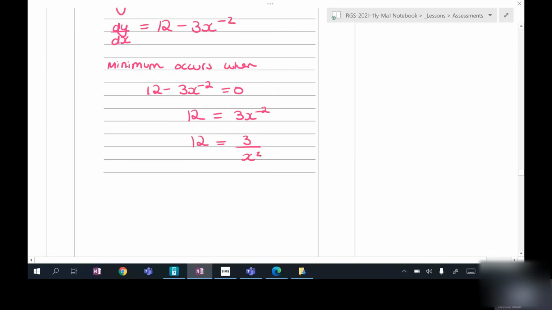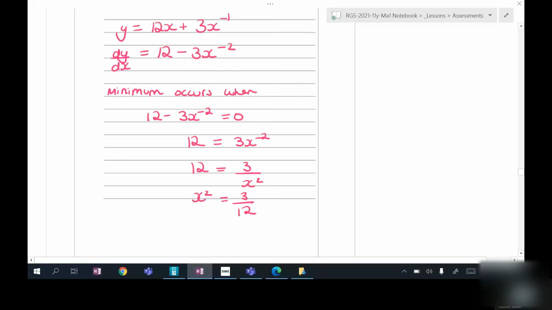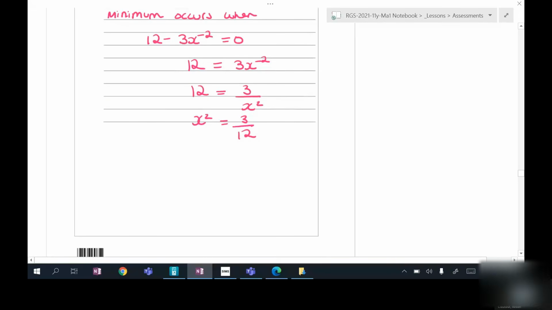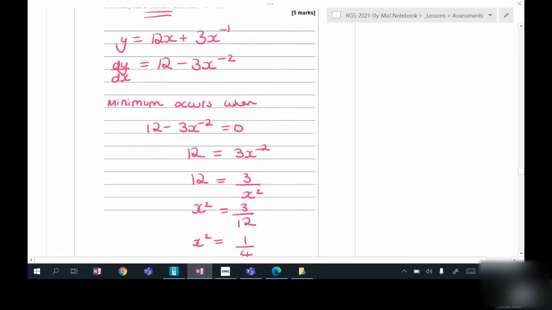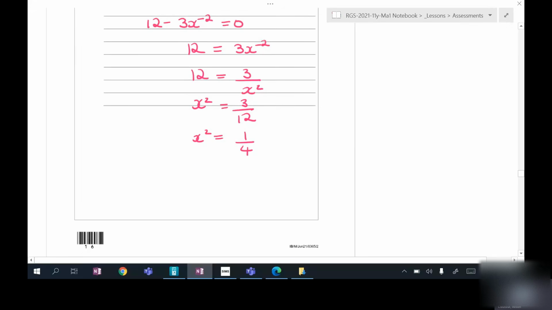I'm just going to change that back so it's reciprocal again, so 3 over x squared, so that I can rearrange to find x. Okay, so if we square root, we know our turning points are the square root of a quarter, which is plus or minus a half.